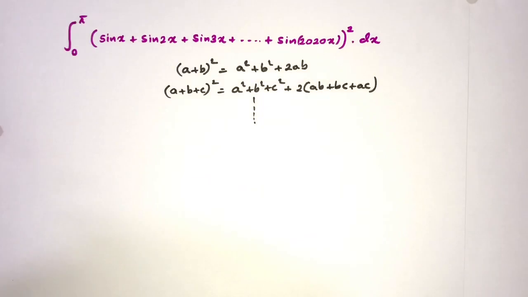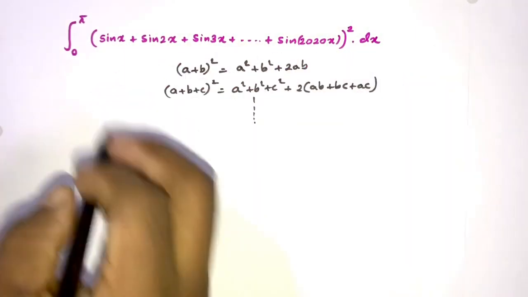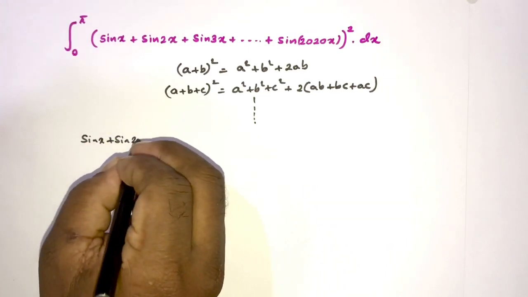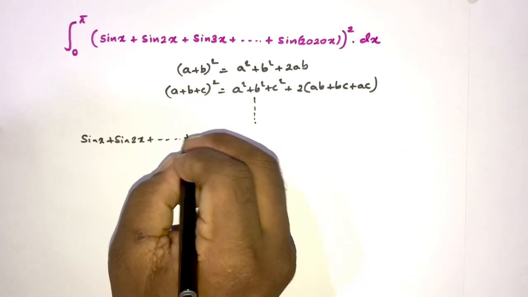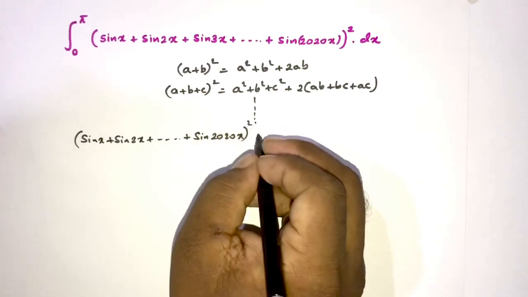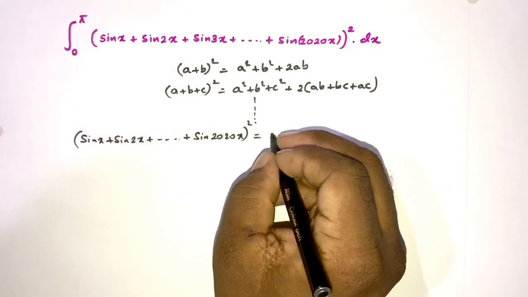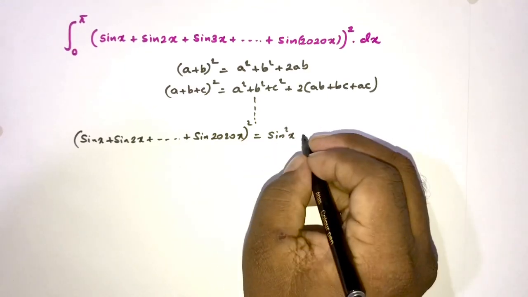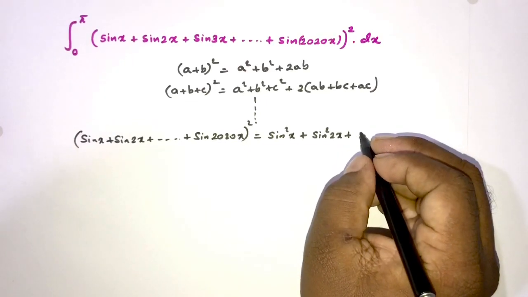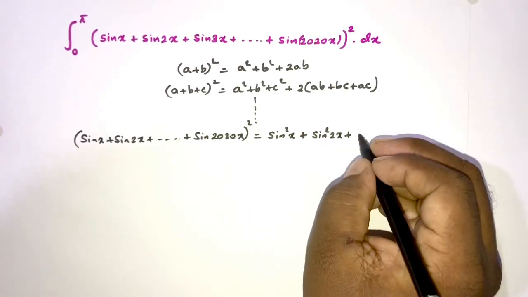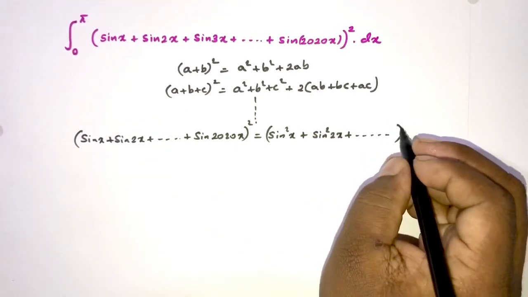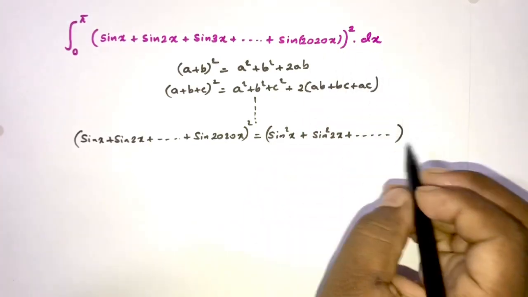According to this pattern, if we simplify this expression, (sine of x plus sine of 2x plus and so on up to sine of 20 times x) squared, we can write this as sine squared of x plus sine squared of 2x plus sine squared of 3x plus so on, and finally plus sine squared of 20 times x.